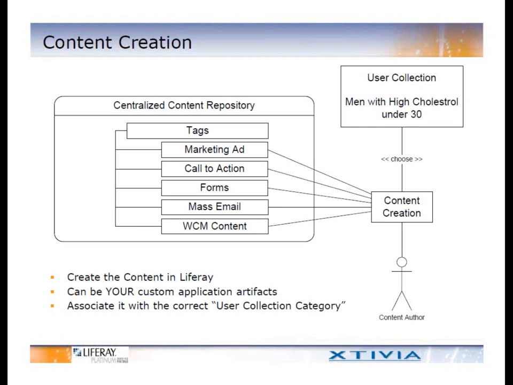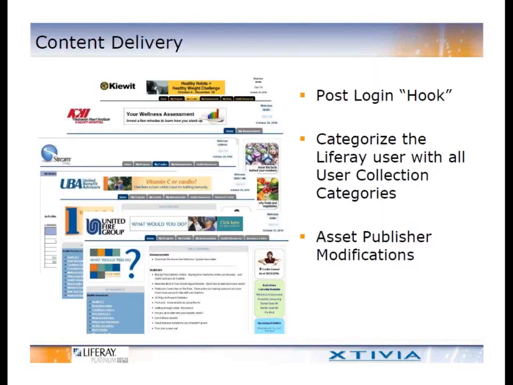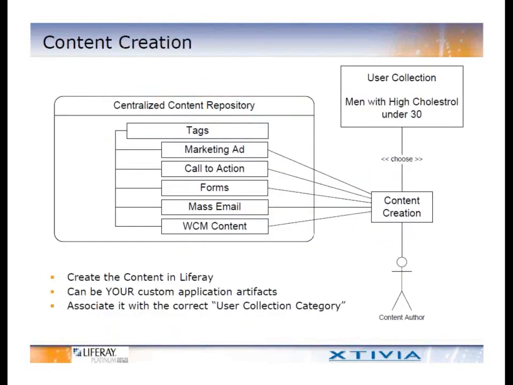So web content is one of the examples, but it could easily be mass emails, forms, calls to action. A marketing ad is another example for behavioral marketing, where you know the attributes about the user, but you're not using something like an Omniture or some cookie-related information that people have derived somewhere else on the internet about the user that's using your system.